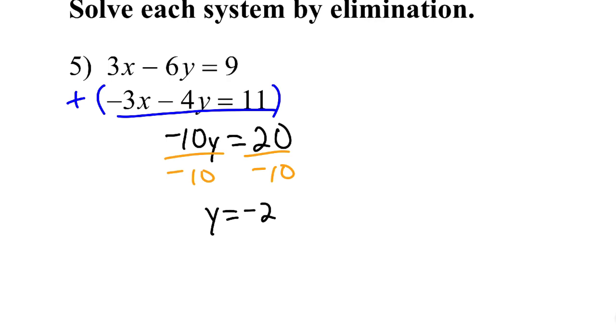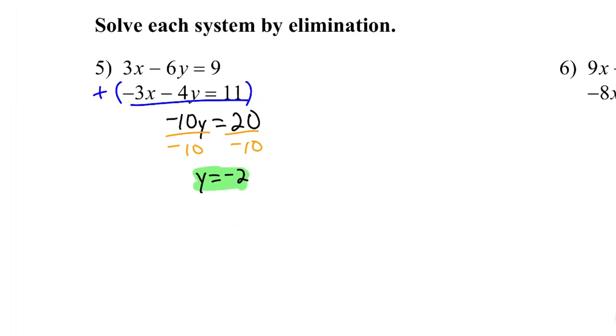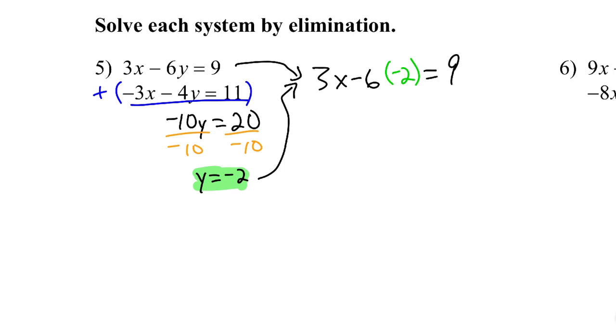So I'm going to say there's my solution, and then I'm going to take that along with, doesn't matter at all which one, so I'll take that, 3x minus 6 times negative 2 when I plug in my solution for y in there, and that's going to be equal to 9.